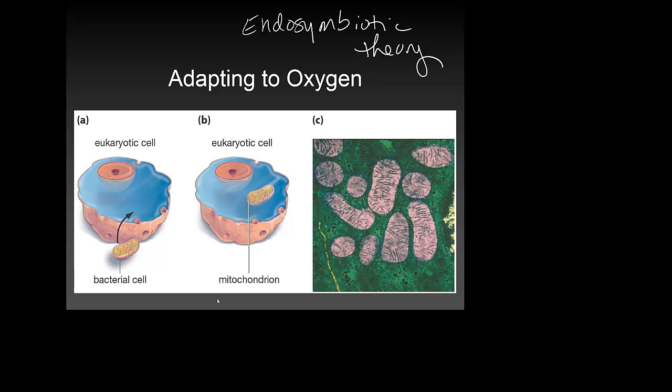And now what we look at is actually a mitochondria being very, very similar in structure and process to that original bacteria cell that would have been ingested. Why do we think this? Well, remember, bacteria and mitochondria both have their own chromosomes, okay? So they have singular circle chromosomes.